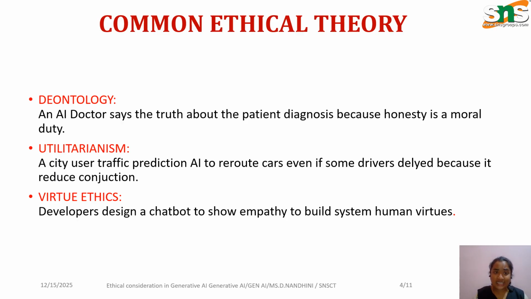So what this common ethical theory says is do the right thing, don't violate people's rights. That is the deontology perspective. Then the utilitarianism perspective is do whatever leads to the greatest good for the greatest number. Third one, the virtue ethics perspective, is what would a just and compassionate person do.